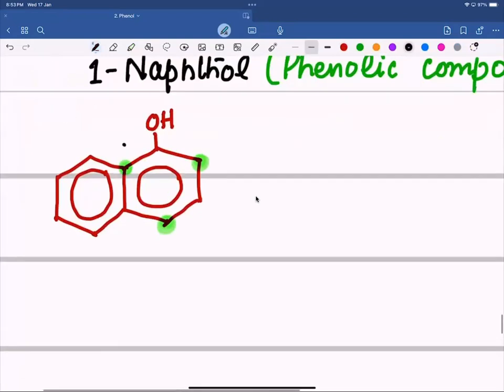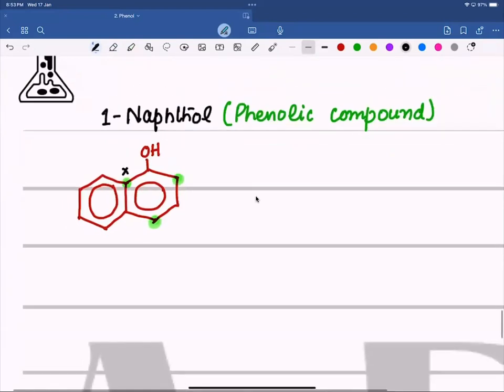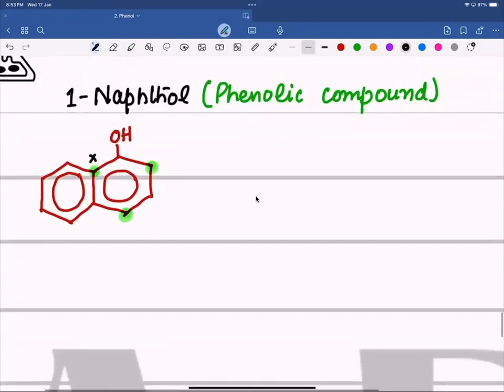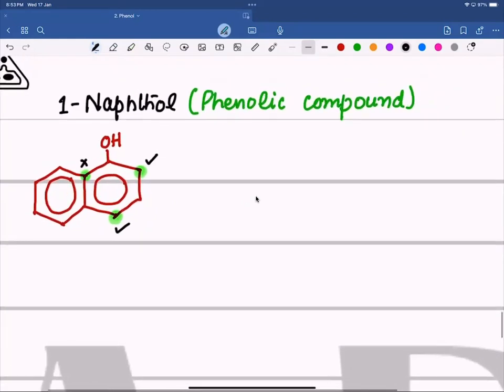So if you see in this 1-naphthol, this one is not available because here there is already another group, so all four bonds are there, and instead of hydrogen, something is substituted. So only these two positions are available for substitution.